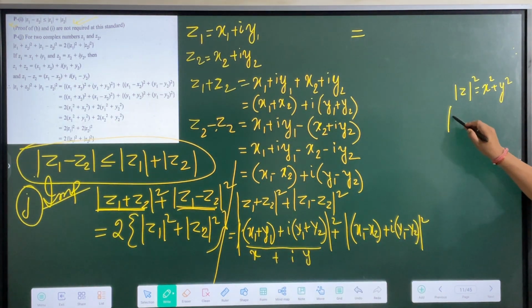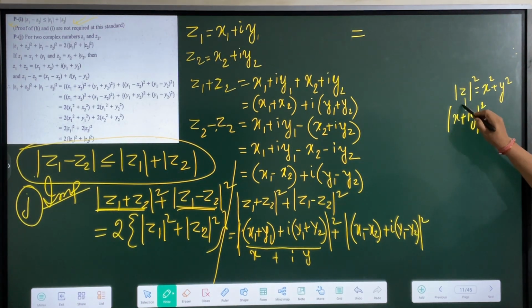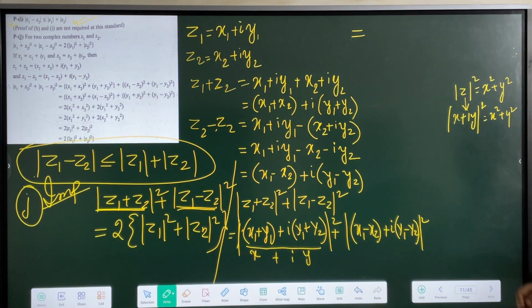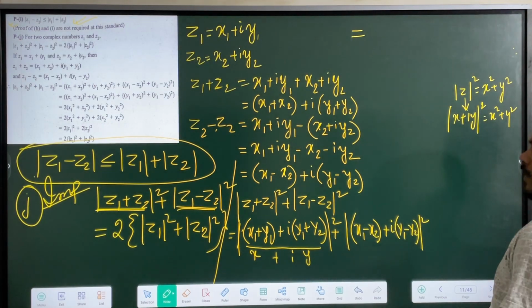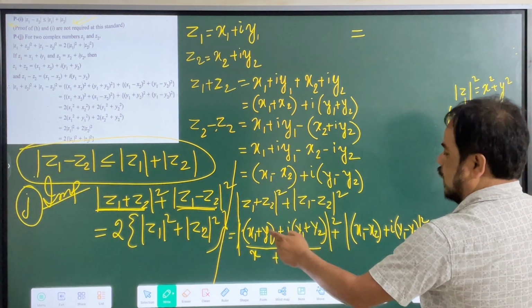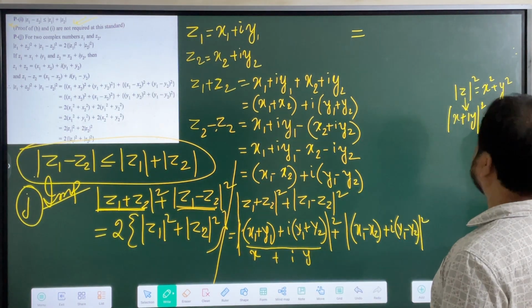Modulus of z means what? z means x plus iy, square equals what? x square plus y square. This is what I want to make you understand. Modulus of x plus iy square will be x square plus y square.